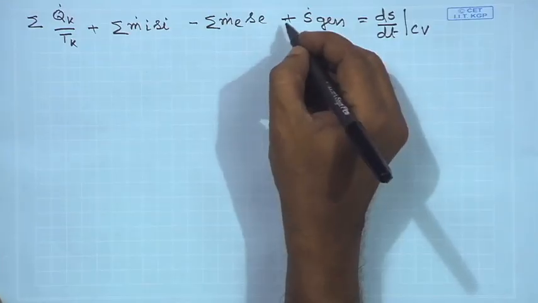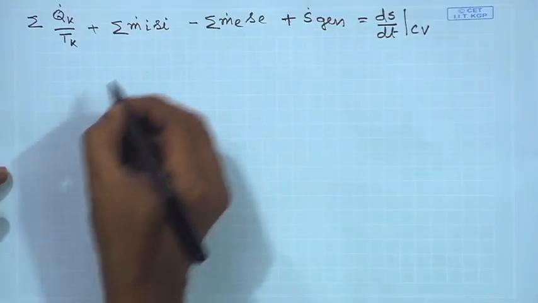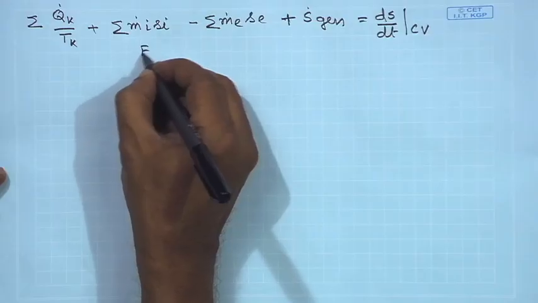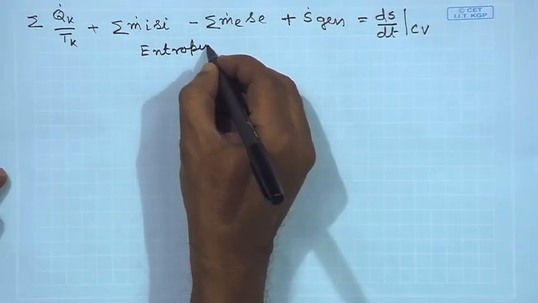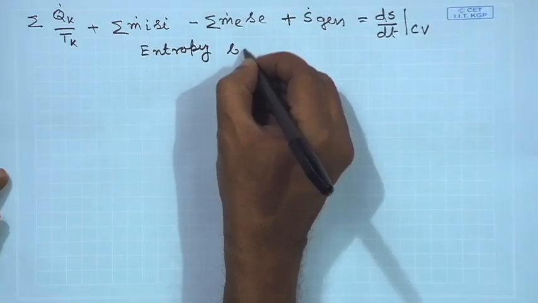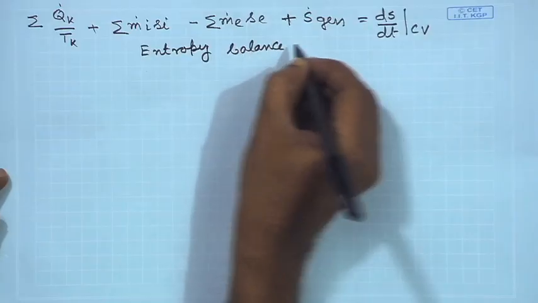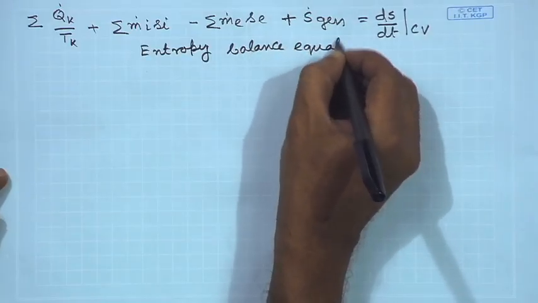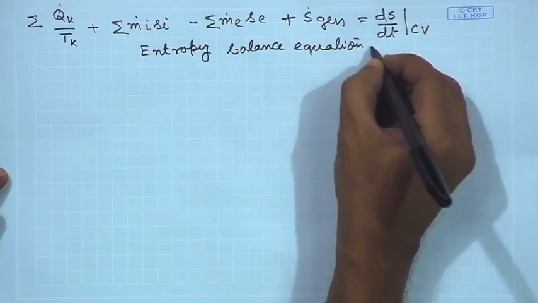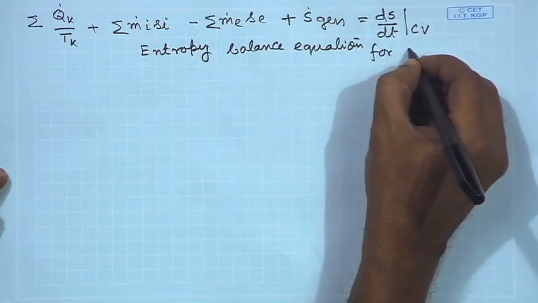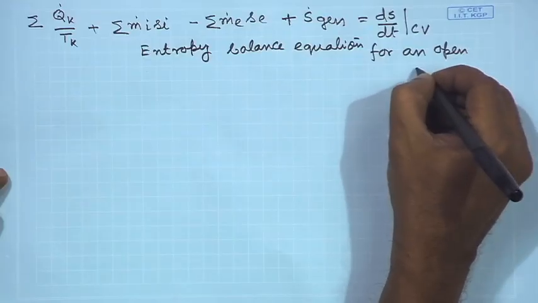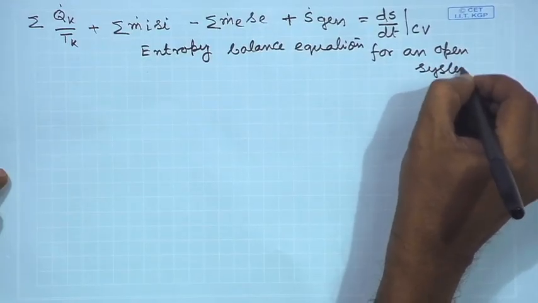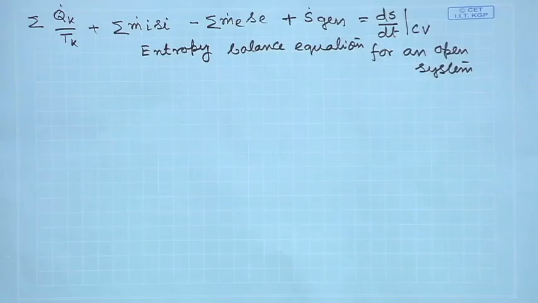So, this is our entropy balance equation for an open system. Very useful in engineering practice and also for waste heat recovery.